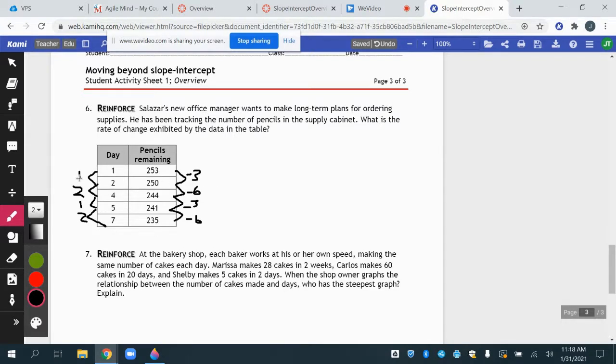I can figure out the slope. And I could say, hey, on day 1, we lose 3 pencils. That's our y on day 1. Or -6 over day 2.